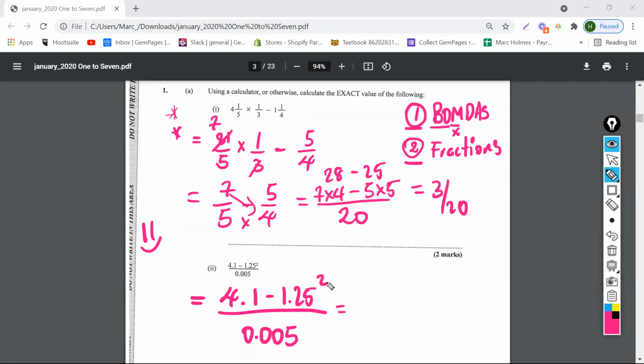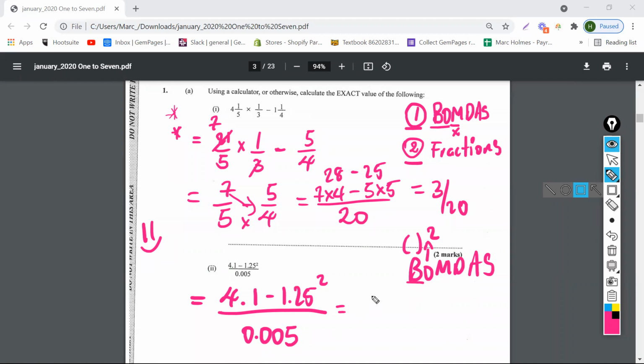And this is squared. So the first thing we need to do, guys, remember BOMDAS or BODMAS. The first one is brackets. The second one is exponents. So if you have a squared like this, we need to square that first before we do anything else.